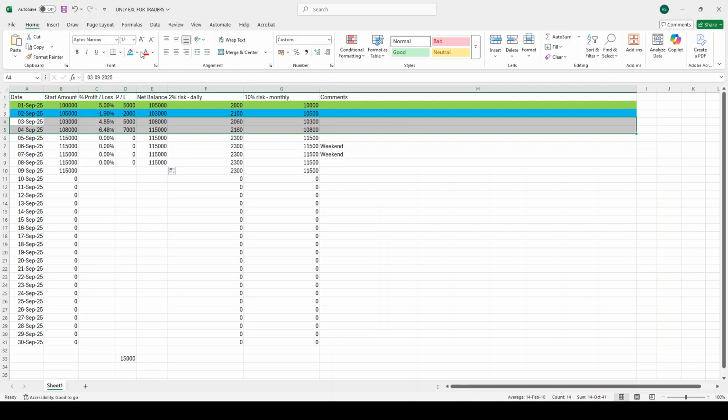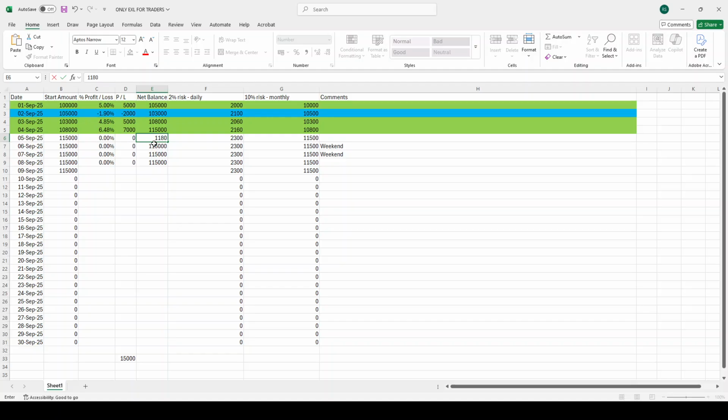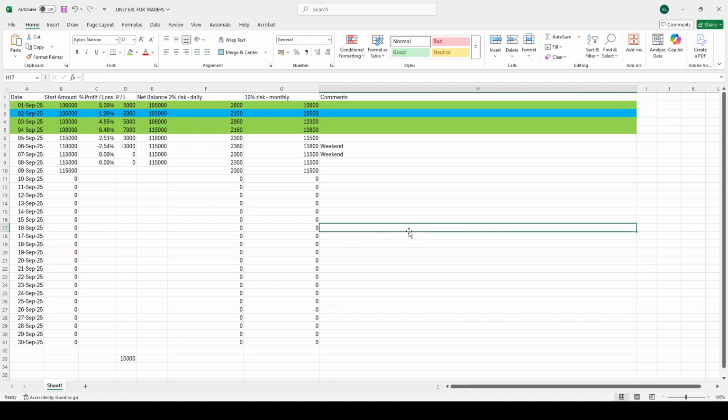Okay, one more trading day is left. Hold on. So say on the last day, my balance went up to 1,18,000. Oh, I need to delete this.